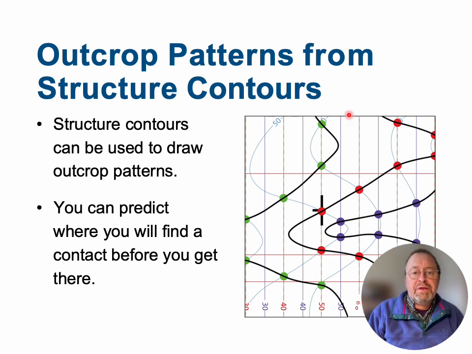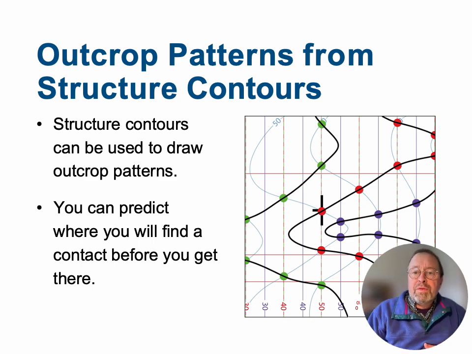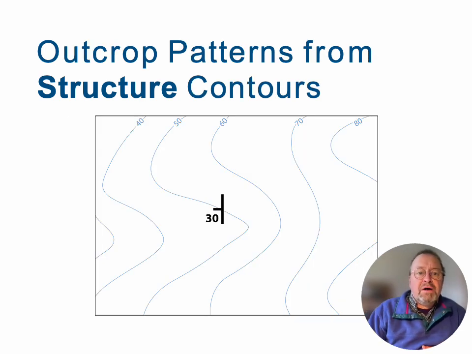So each of these lines represent the exposure of a geological contact. And if we know where the structure contours are, we can predict where the sediment would be outcropping. For example, these 2 green ones here, it's pretty likely that it would be outcropping in the middle here too. And the way we do this, I'll show you here.